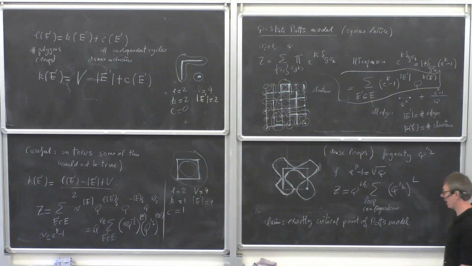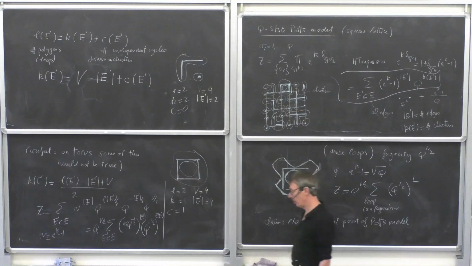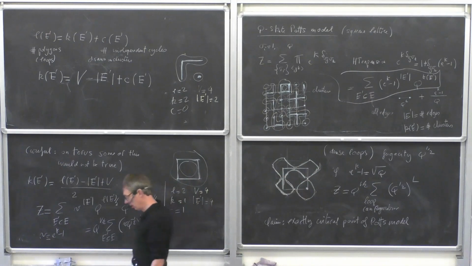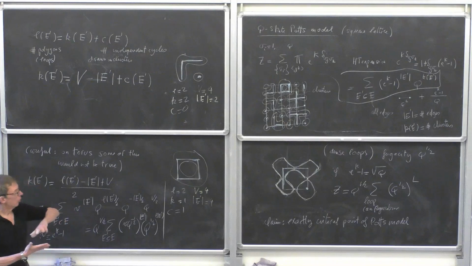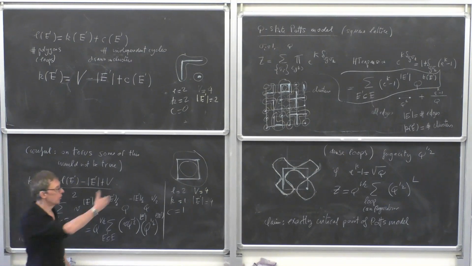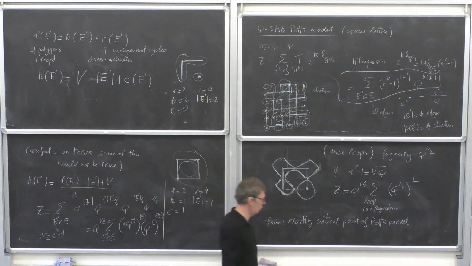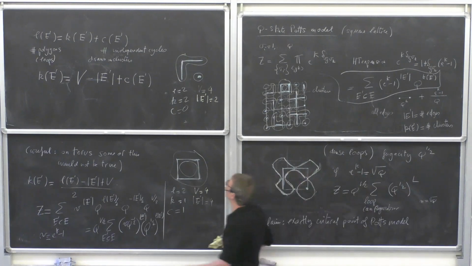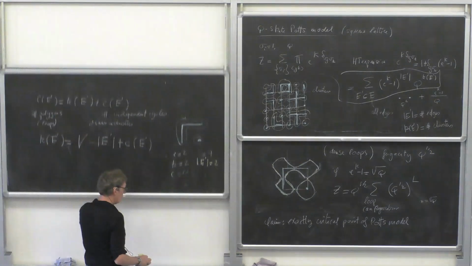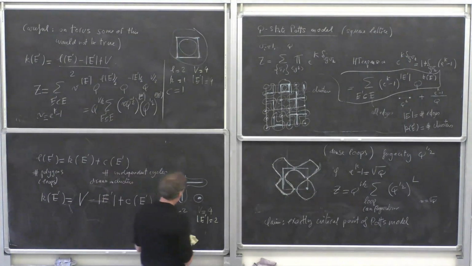And the reason why we like it is that with Ising we only had n equals 1 and a dilute critical point. Now we're having all the values of n we want, because n, the fugacity of the loops now is just expressed as square root of Q. And all of these are critical. So we have an interesting example of a dense, critical dense loop ensemble.